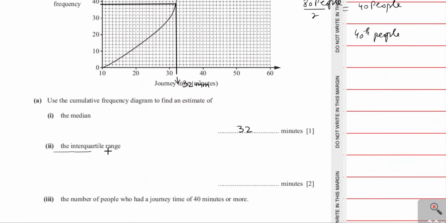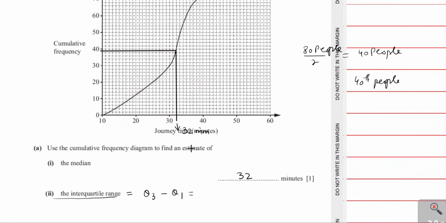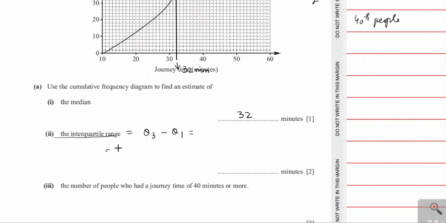Next, part two, find an estimate of the interquartile range. The interquartile range is the difference between the upper and lower quartile. Firstly, we take the upper quartile. The upper quartile is the 3n over 4th value, and here the total number of values is 80, therefore 3 times 80 over 4 is equal to the 60th value.